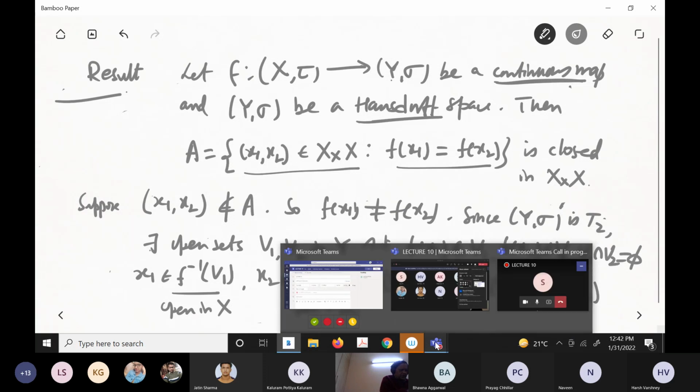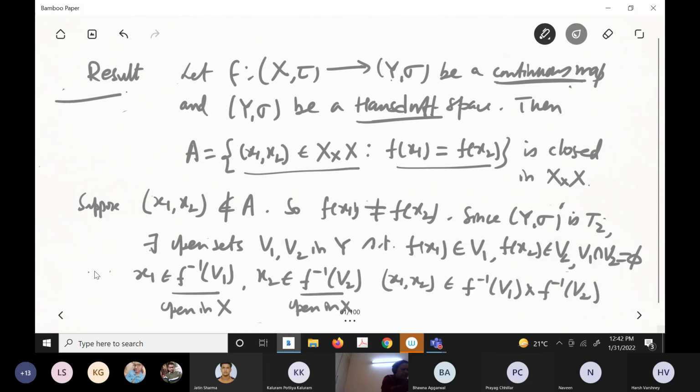What I need to show is that A is closed. Basically, I am showing that a point outside A cannot be a closure point of A. So I will show its intersection with A is disjoint.